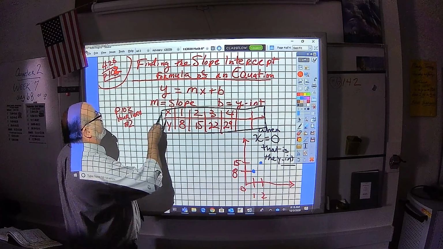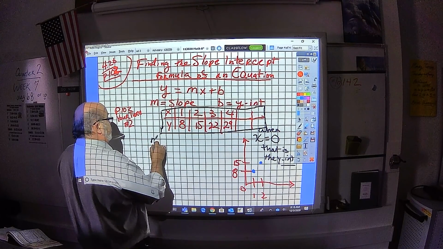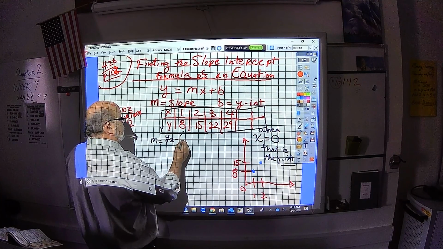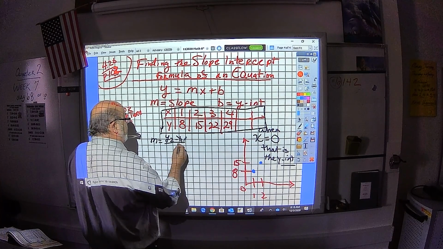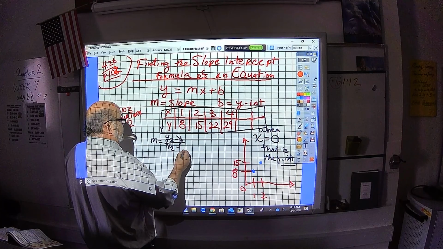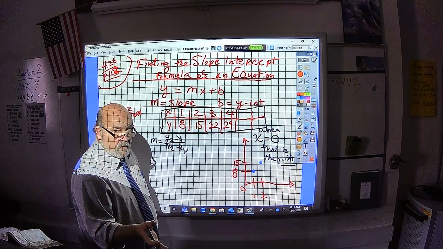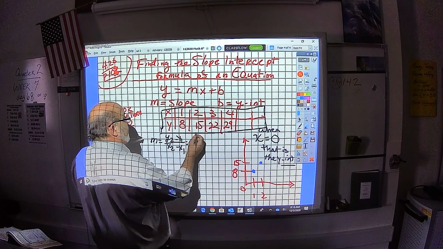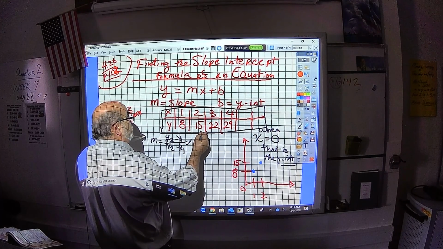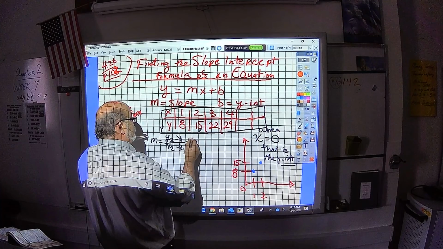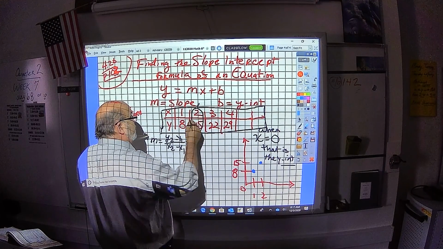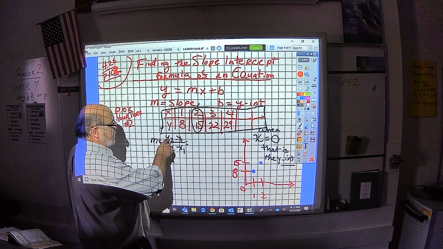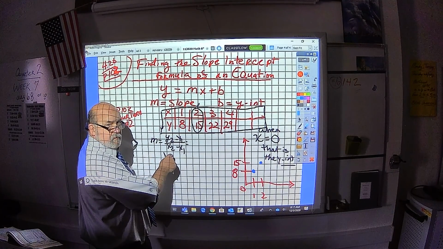So what I want to do first is find m. And we know m is equal to y2 minus y1 divided by x2 minus x1. Since we know that, I'm going to make this coordinate my y2, x2. Are you with me?